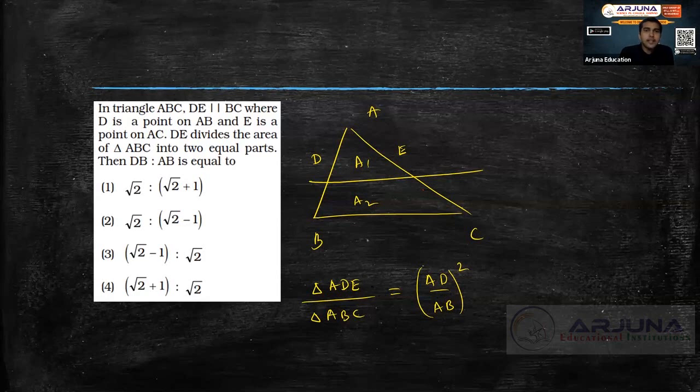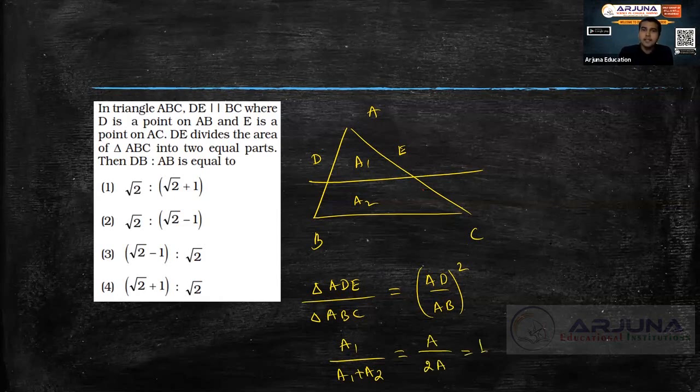And what is ADE? ADE is the smaller one, ABC the bigger one, and we know that the area of ADE is A1 and the area of ABC is A1 plus A2. A1 and A2 are both equal, they have given. So if A1 equals A and A2 also equals A, you will get A by 2A, which is 1 by 2.